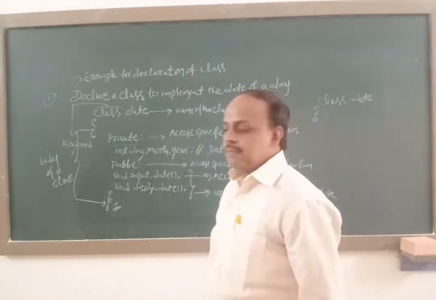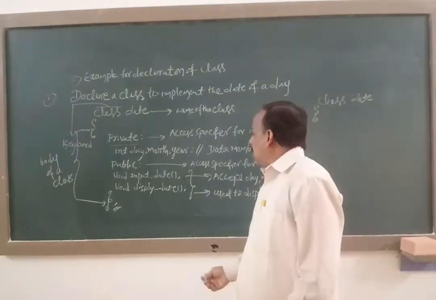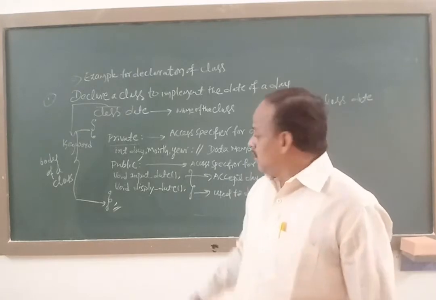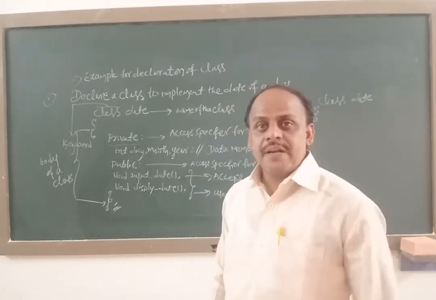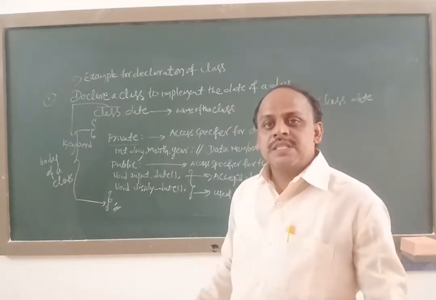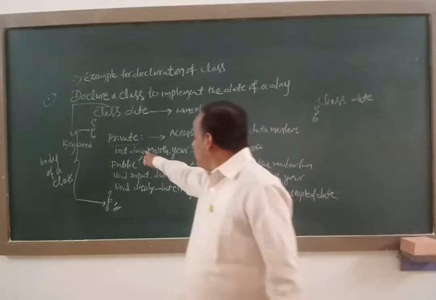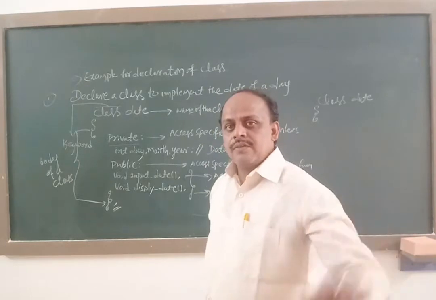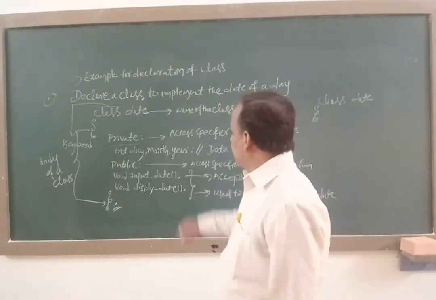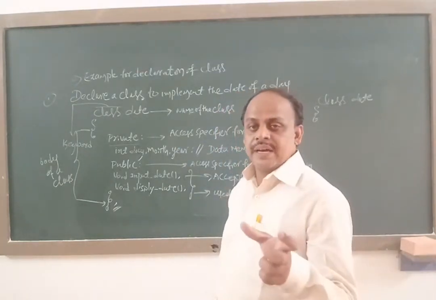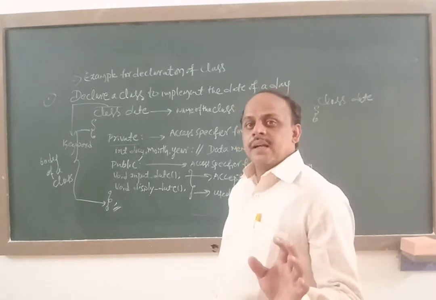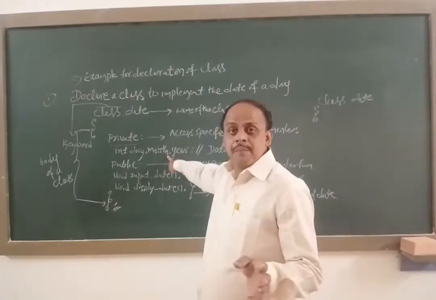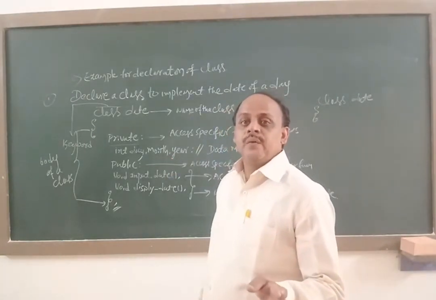Means in the program, if our aim is to consider data members as private, we need not specify the keyword private here. Or if we forget to write an access specifier, the compiler automatically considers these data members as private.